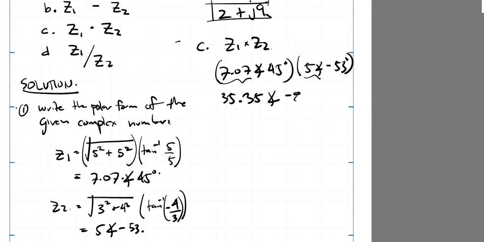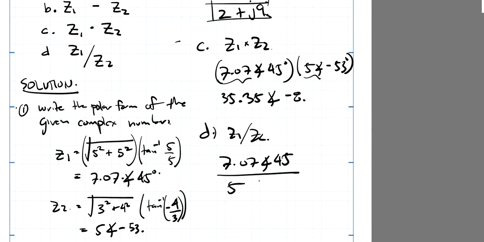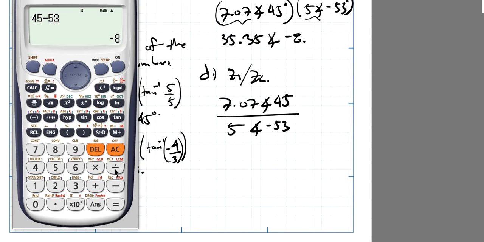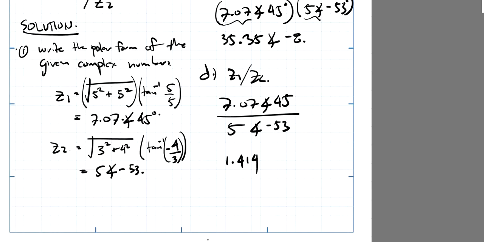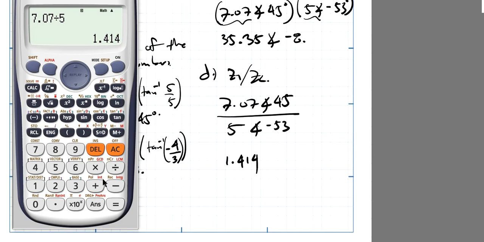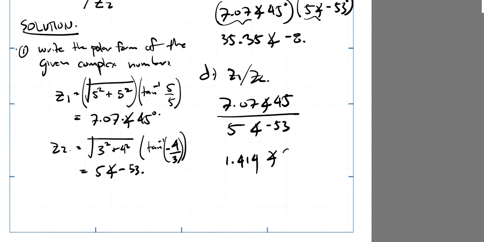Then for letter D, z1 divided by z2, so 7.07 angle 45 divided by 5 angle negative 53. 7.07 divided by 5 is 1.414. Then 45 minus negative 53 is 98, so the angle is 98.